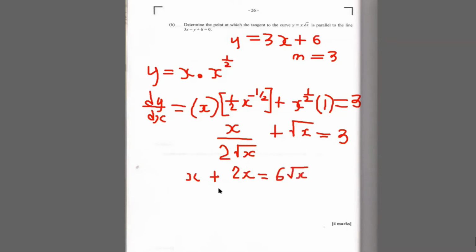Now 2x plus x is 3x, and so 3x is equal to 6 root x.